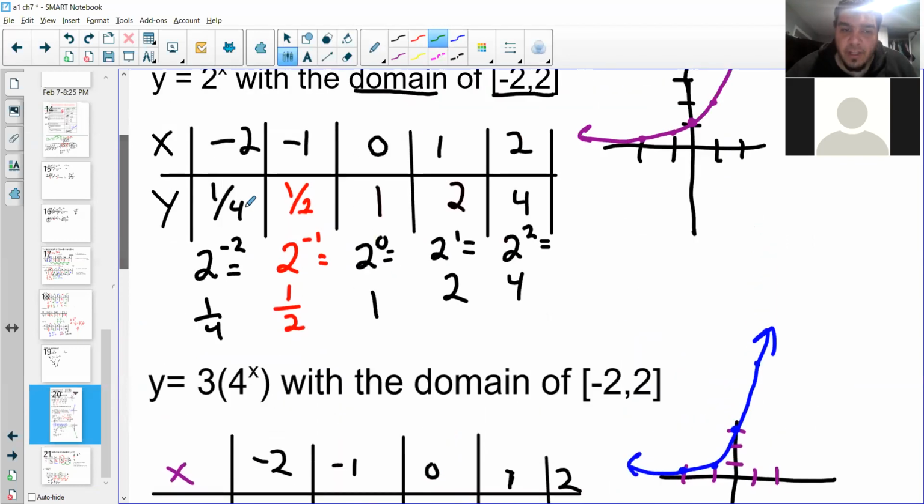Or you could look at this one over here, it was 2 again. So times it by 2. The only thing is fractions might be a little bit harder, but you can still do it. 1/4 over 2 over 1 is 2 over 4, which is 1 over 2. Multiply by 2, multiply by 2. So it's true no matter what.